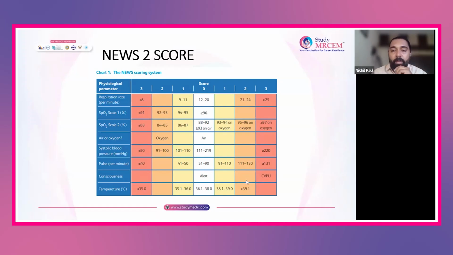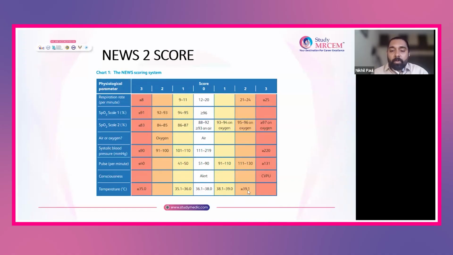Consciousness, if they are alert, it's 0, and anything less than alert, that is confused or verbal or pain or unresponsive, it is 3. And temperature, again, the normal temperature range is described as 36 to 38. Less than 35 is 3.